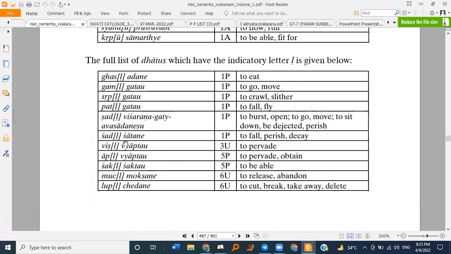Because the dhatu itself means pervading. I mean, of course, we're just talking from a material point of view. Vishnu is the Lord's eternal name, and we can't just define it grammatically or from a material perspective. But for discussion's sake, we are discussing. Apri vyaptau, to pervade, obtain.